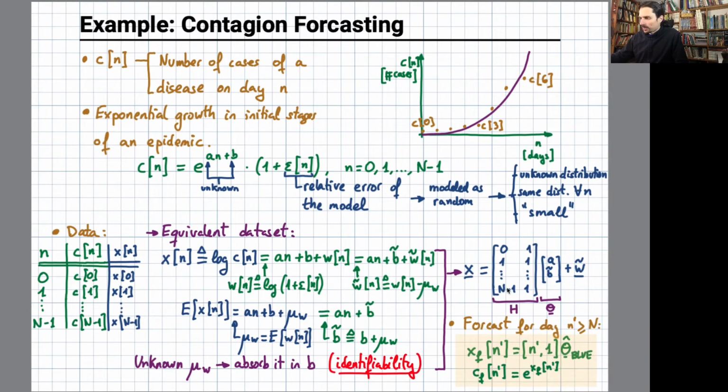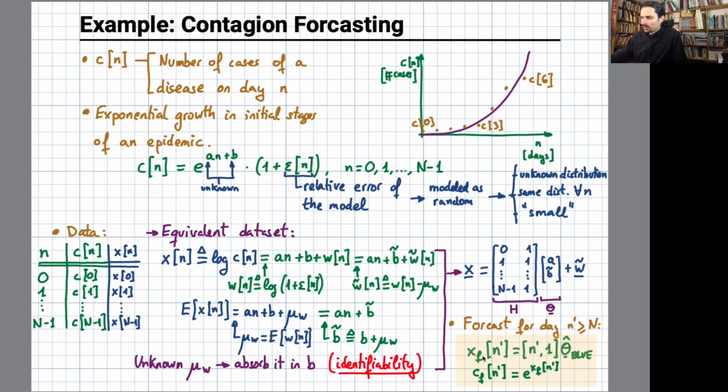And therefore a natural estimator, or prediction for x at a day n prime, could be obtained just by multiplying this vector, which would be sort of a row of this matrix, a continuation of that matrix, times the BLUE estimate of this parameter.